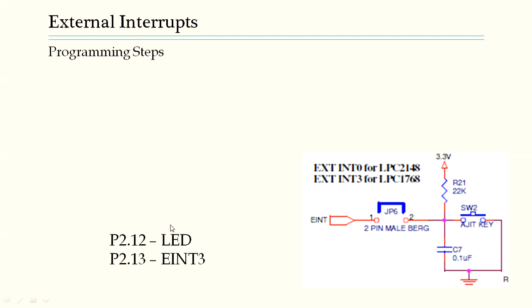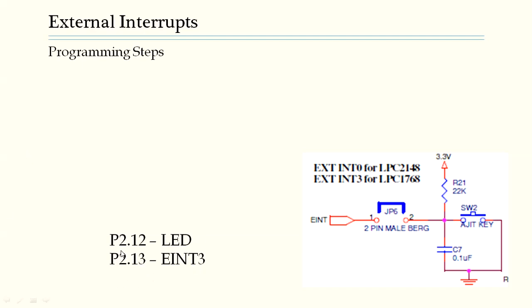Now coming to the program, P2.13 is the external interrupt 3. Hope you have recollected, I did mention that you need to remember these pins. In the table that I had shown, P2.10, 11, 12 and 13, the first functionality is GPIO and the second functionality is the external interrupt 0, 1, 2 and 3.